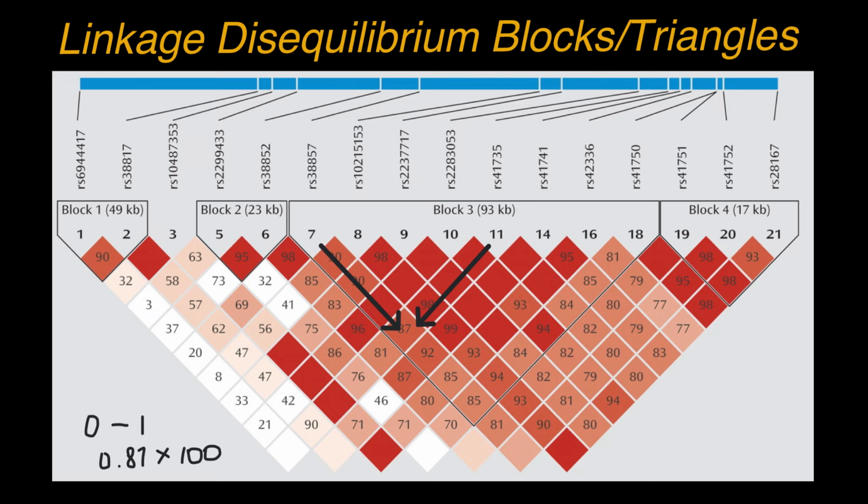We do not put a number here. We just leave this square solid, but it actually means 1 or 100. And this is the highest number, and that means that these two loci are in linkage disequilibrium, and 100 also means that they would be inherited together, and usually no crossing over between locus 8 and locus 10 happens.